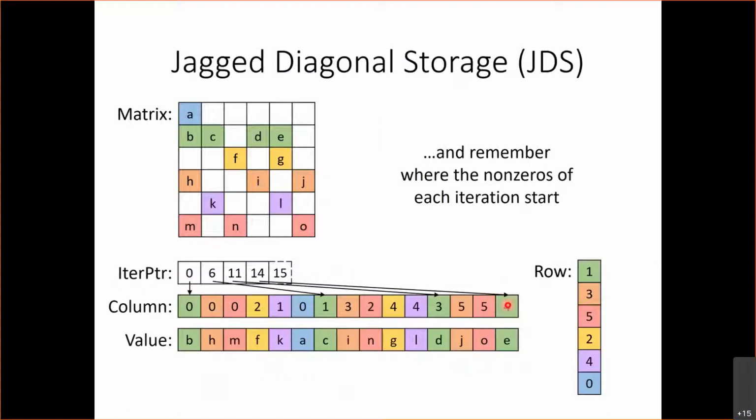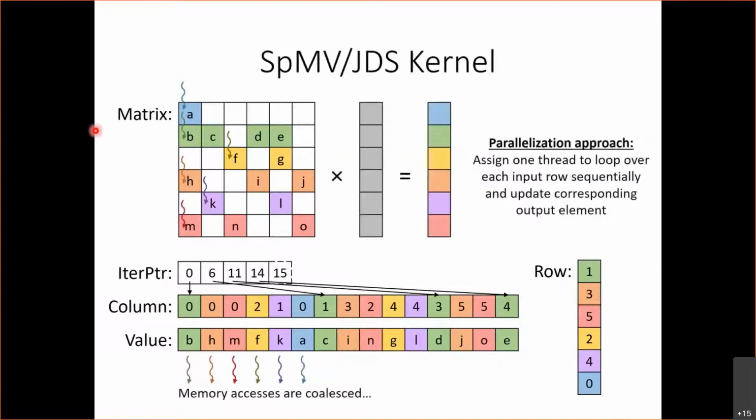Now when all the threads go to access the first element of their corresponding rows, the accesses are coalesced. But not only that, also the threads that are in the same warp, here the green and the orange thread down here, if you look at the rows that they're processing, these rows are of similar length, and this is what enables us to also have low control divergence when it comes to using the JDS format.